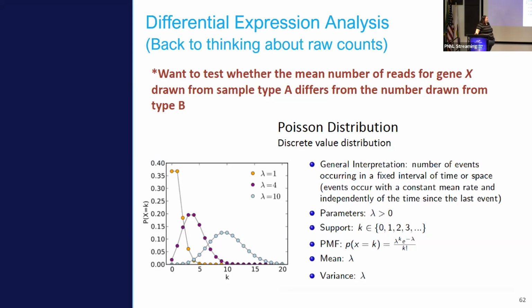One key thing about the Poisson distribution, at the very bottom here, is that the mean is this Greek letter lambda. And by definition, the variance of that distribution is also lambda. So the mean and variance have to be equal with this distribution.